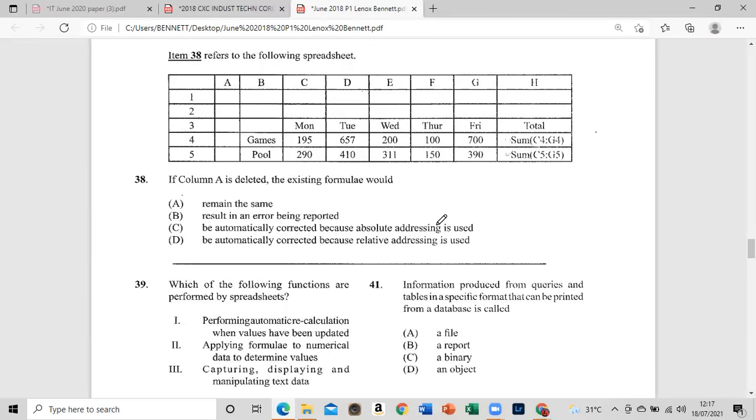All right, column A. They gave us a table, right? And they say it's a spreadsheet. And they say if column A is deleted, the existing formula would be... So basically if this is deleted, we know how computers work, this is going to come over here, so this is going to become A, and so on. Everything else is going to change, right?